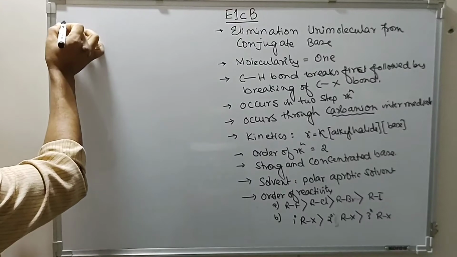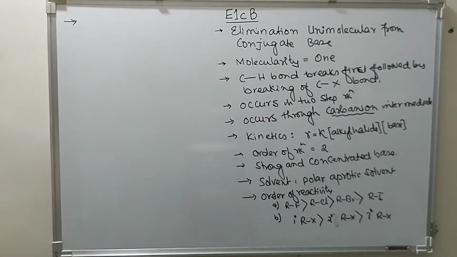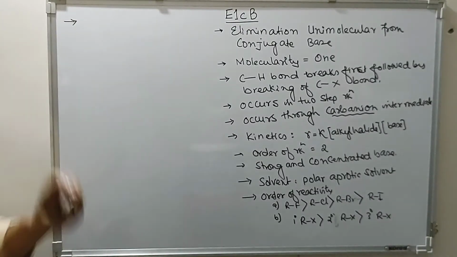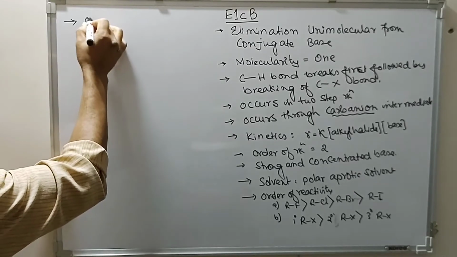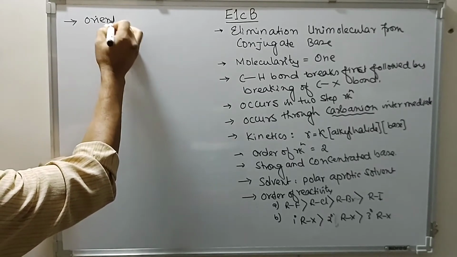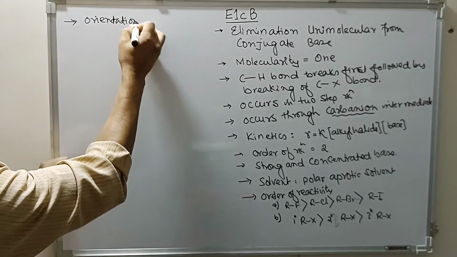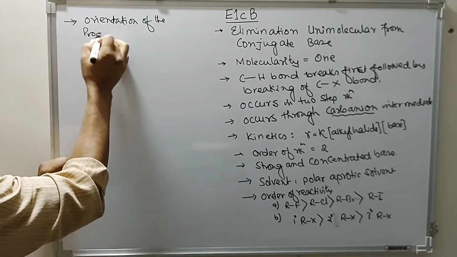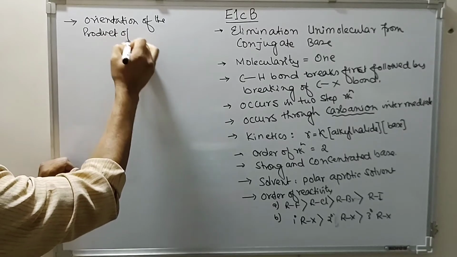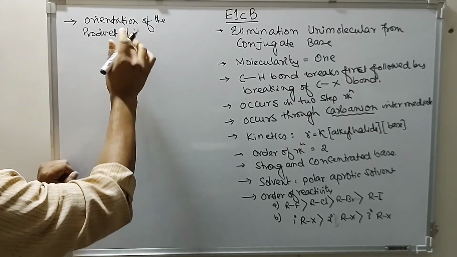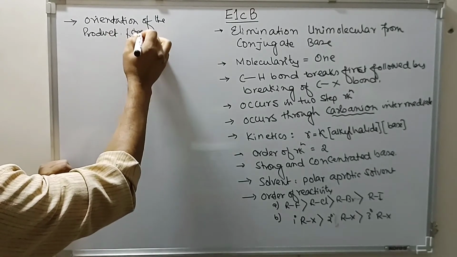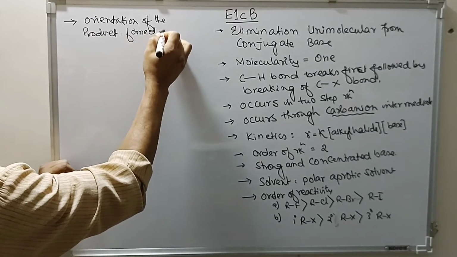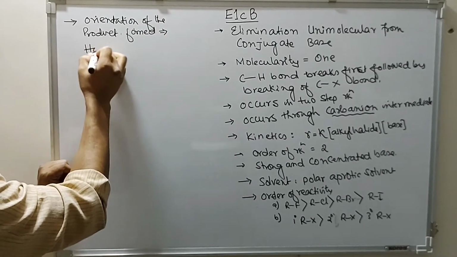Now this E1cB reaction, orientation of the product formed is Hoffman.